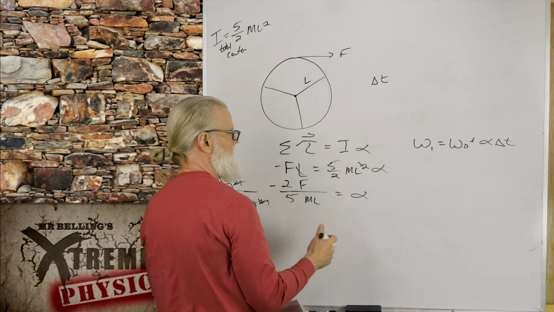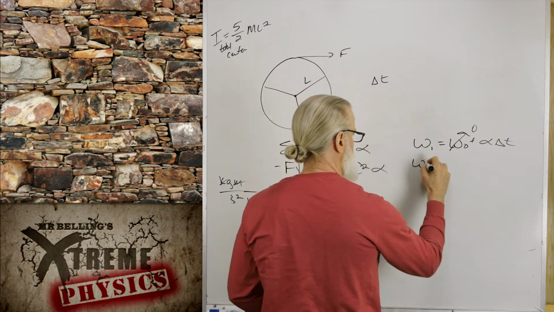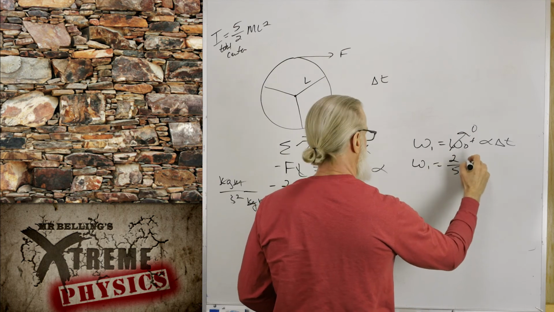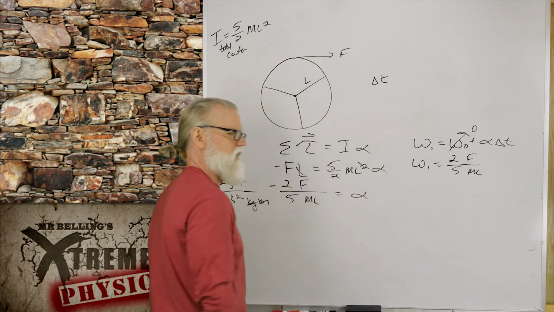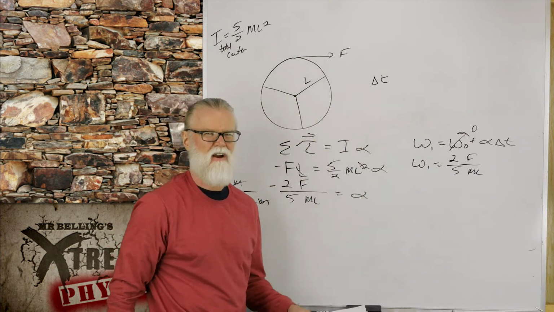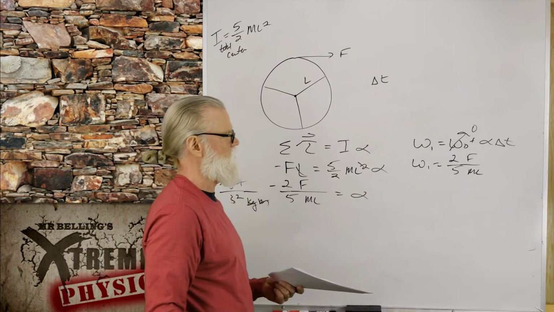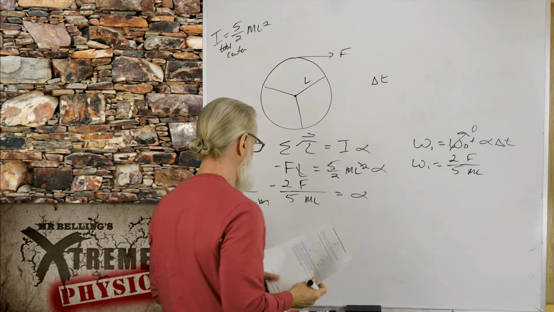Let's plug that in here. We know that omega naught is 0, it said it started from rest. Omega 1 equals 2/5 F over ml. I'm dropping the negative just because they didn't specify direction. That's the way of my drawing, but in the answer we're just going to give the magnitude because they didn't give any information about direction.